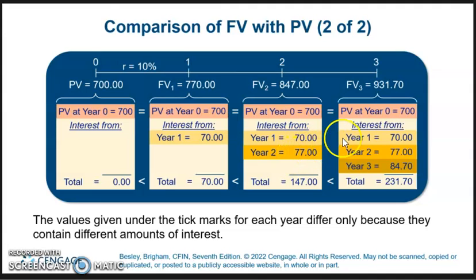So that's $77. The year 3 interest is 10% on the 700, the 70, and the 77, so that's $84.70. Altogether, that's $231.70 of interest. Added to the $700 equals $931.70.